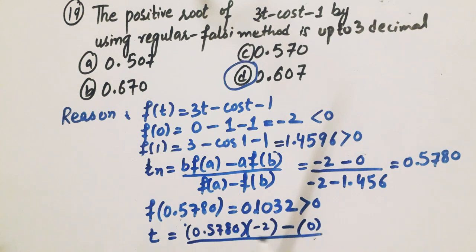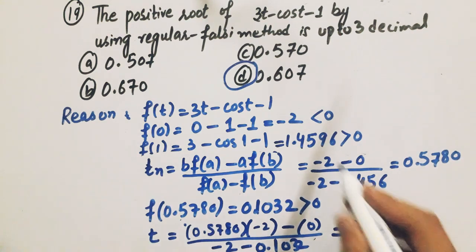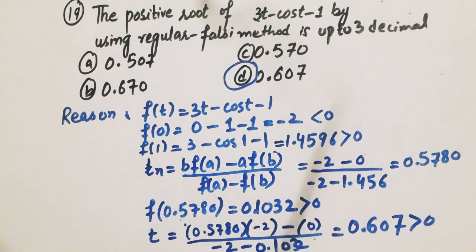So all the terms are 0 and in the remainder you will get minus 2 minus 0.1032. In this way you will get the value 0.607, and again this is greater than 0. When you do this again, you will find the value of t is also equal to 0.607. This shows that up to 3 decimals your correct answer is 0.607.